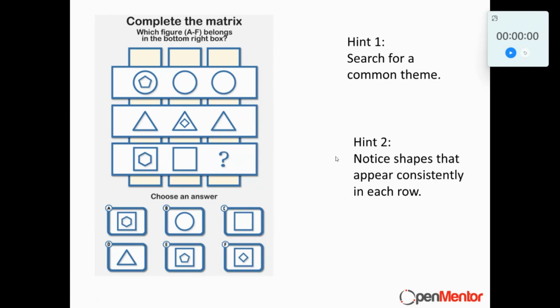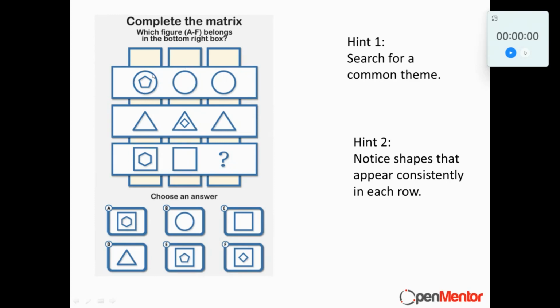There should be a common theme first. You have to find out which is the common theme. What is the common theme? The common theme across is the outer part is the same.